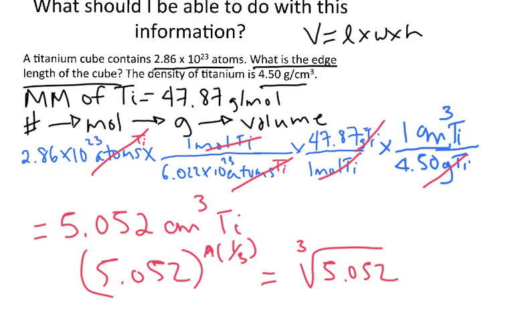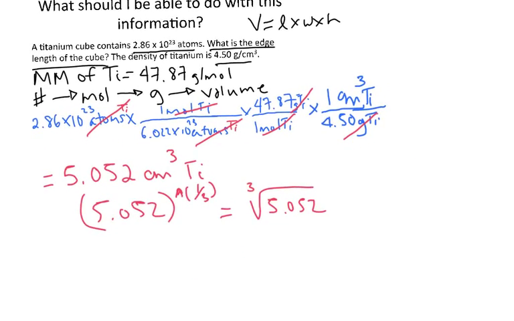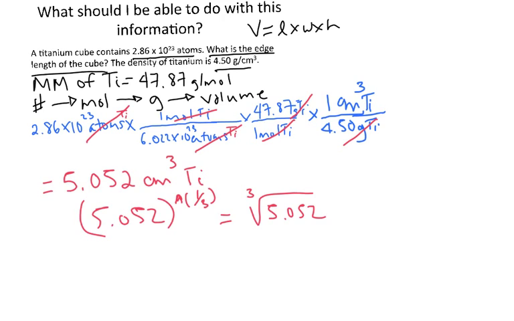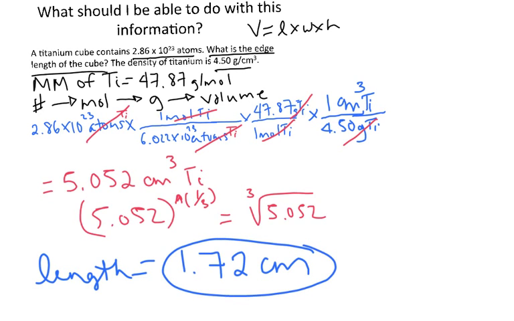Okay, I'm going to make all this smaller. So the edge length of this cube is going to be 1.72 centimeters. And we have 3 sig figs because we're limited by density, and density has just 3 sig figs.